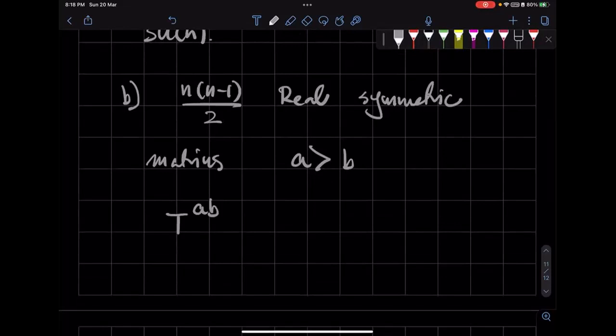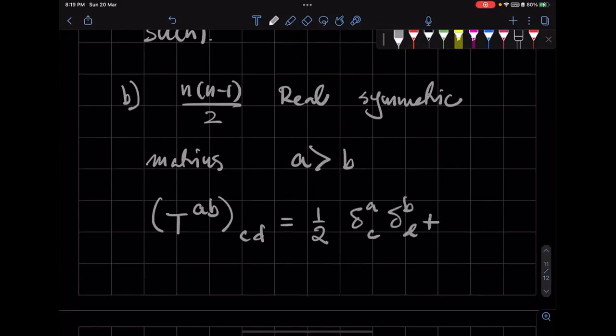And so A and B can take values from 1 to n, but A has to be greater than B, so we don't overcount. So the CD element of this matrix is one half of delta_AC delta_BD plus delta_AD delta_BC.